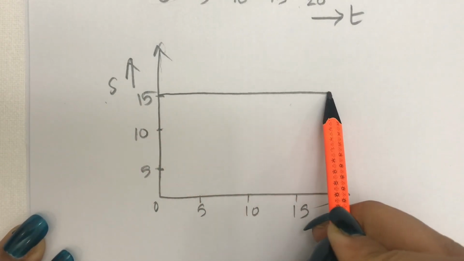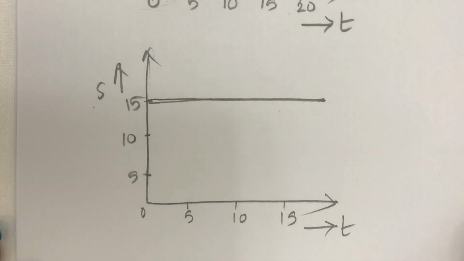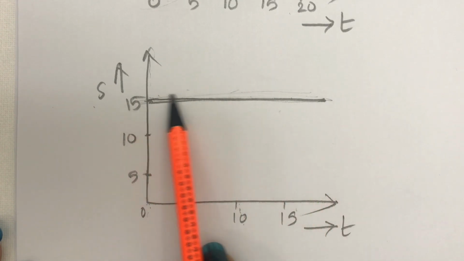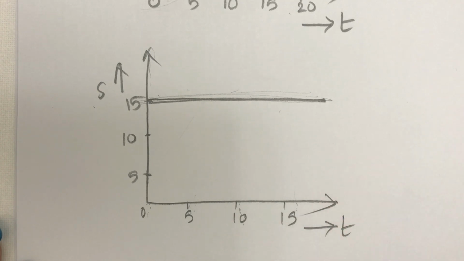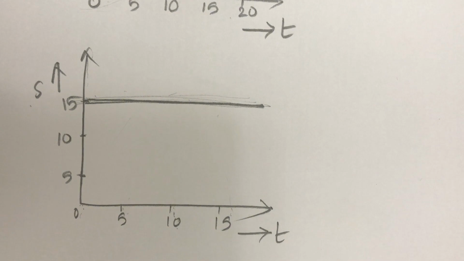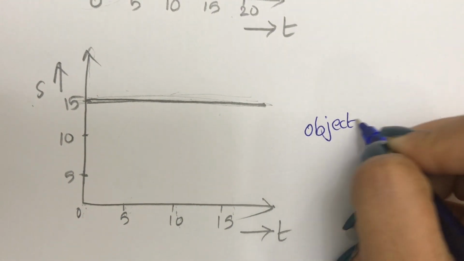So what it is saying, if my graph is like this, my car is at the same distance. So it will be a straight line parallel to the time axis. So if you see such a graph, what it denotes is my object is at rest.